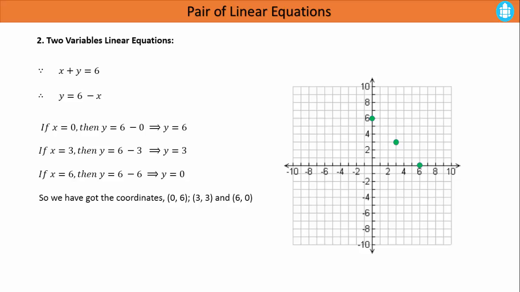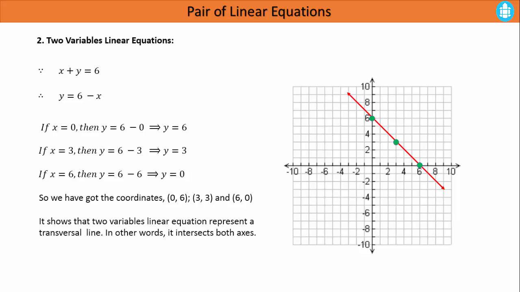Now we join all these points, we draw a line, we get this line. This line represents the equation x plus y is equal to 6. It shows that a two variable linear equation represents a transversal line. In other words, it intersects both the axes.